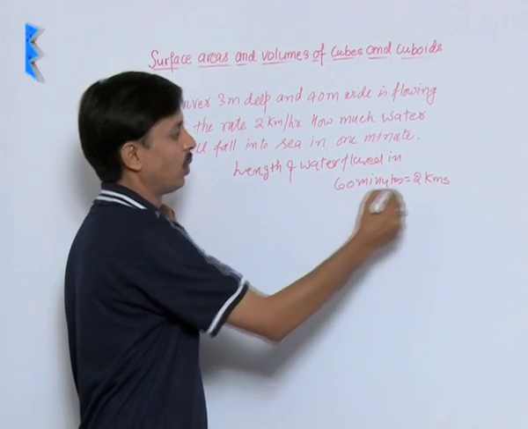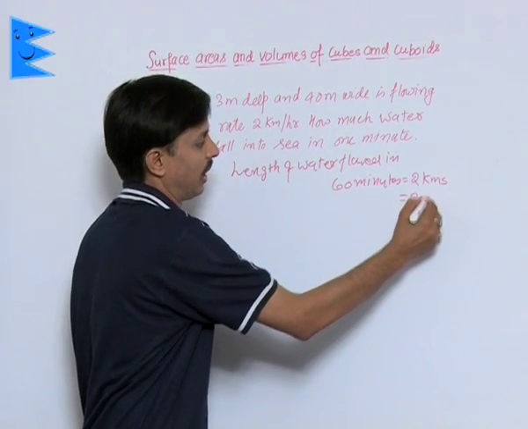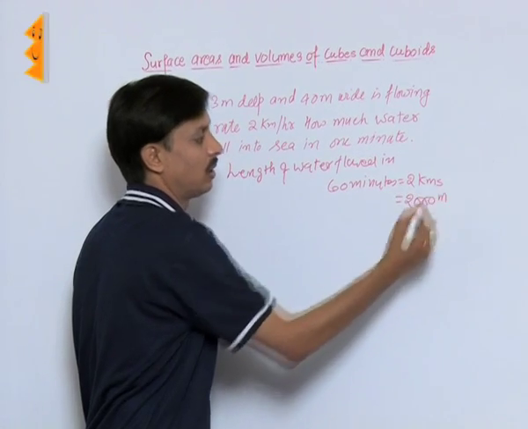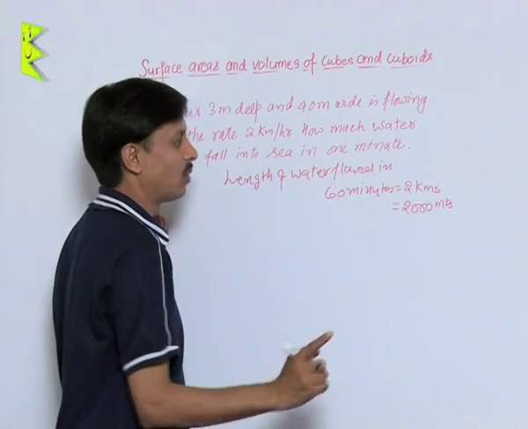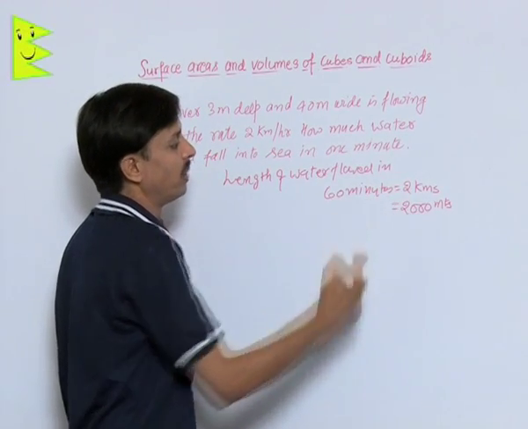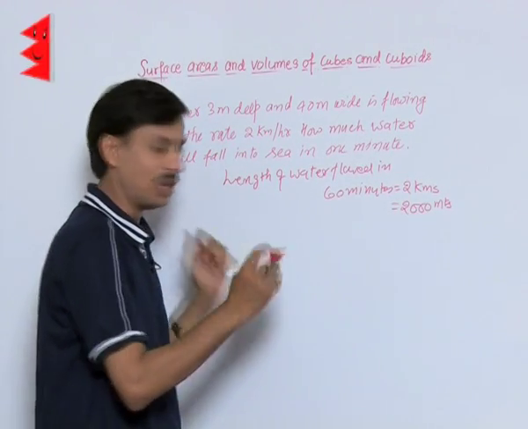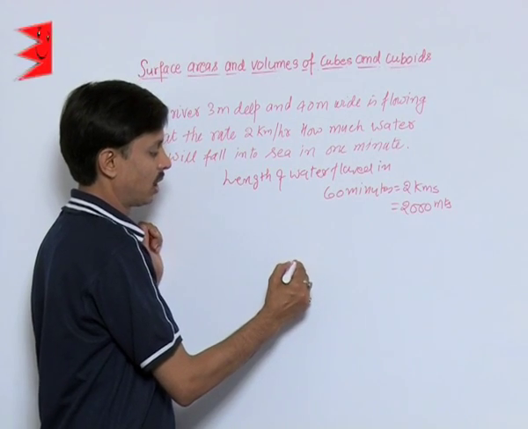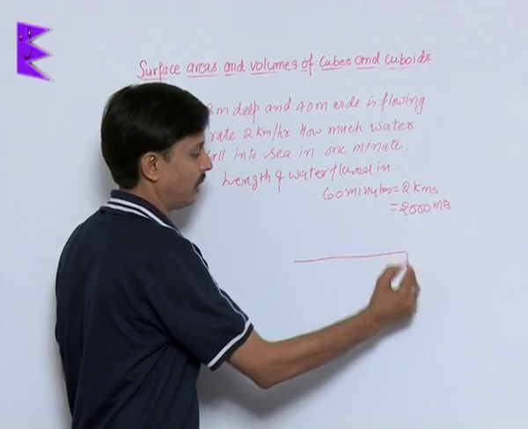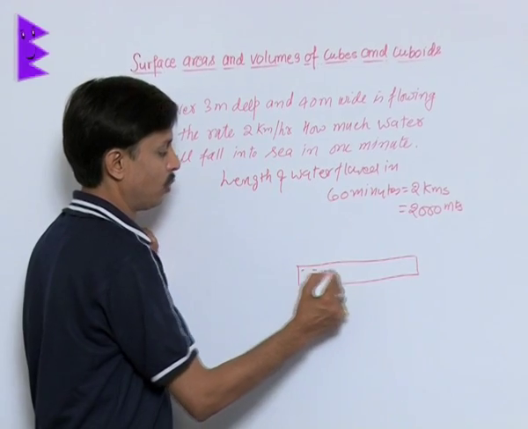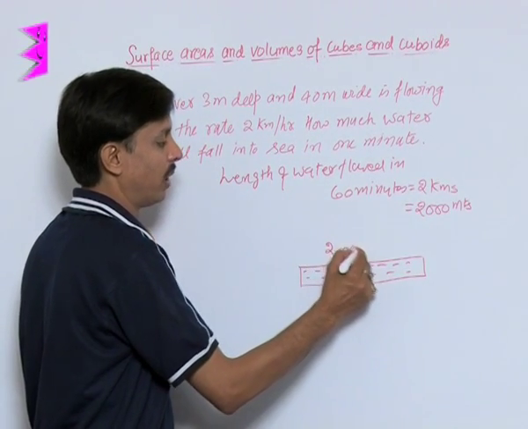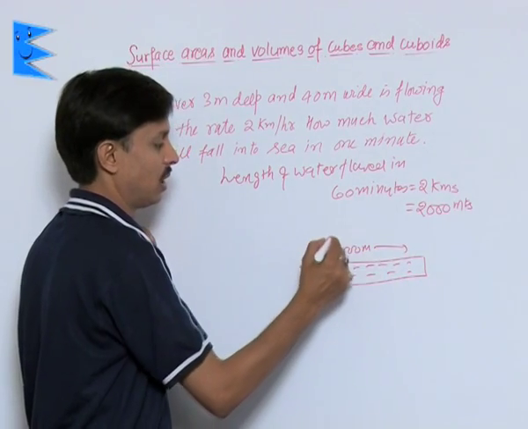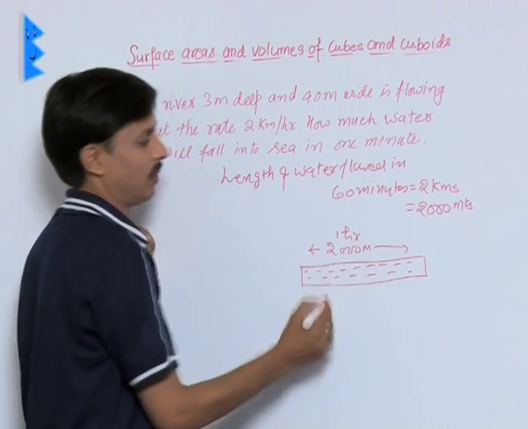I have to write this 2 kilometer as 2000 meters, because 1 kilometer is 1000 meter. So 2 kilometers are equal to 2000 meter. That is, water from here to here in the river is moving how much? In 1 hour it is moving 2000 meters. In how much time? 1 hour.